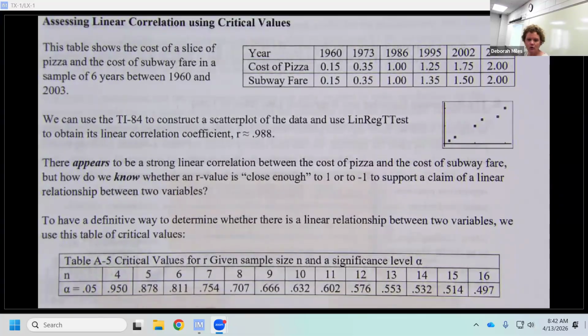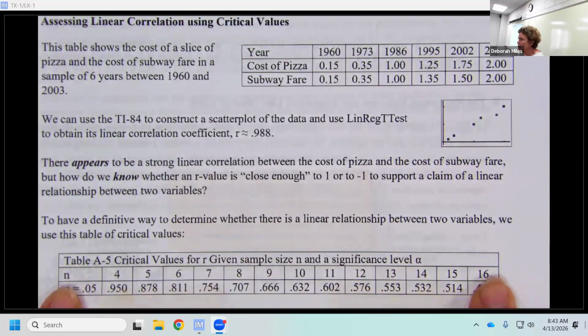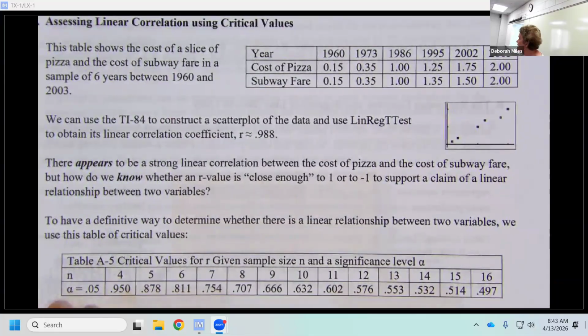Statisticians came up with these critical values a long time ago, and they are based on sample size. So I gave you the critical values for sample sizes from 4 to 16. Any problems I give you will have between 4 and 16 data points, so you'll be able to use this table on it. That alpha equals 0.05 is called your significance level.